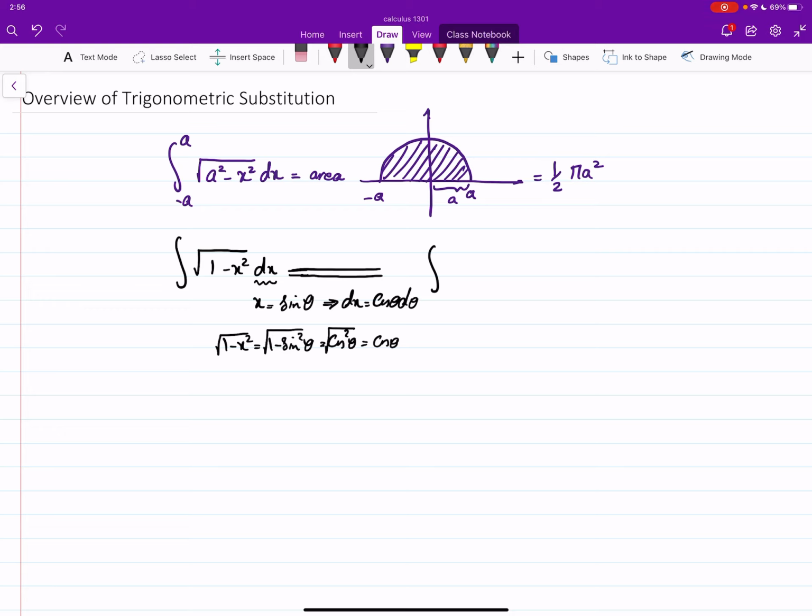The dx itself turns into cosine theta d theta, and 1 minus x squared is 1 minus sine squared theta. Then that is the root of a square, and there are two cosines, one coming out of the square root and one from here, so we have cosine squared.